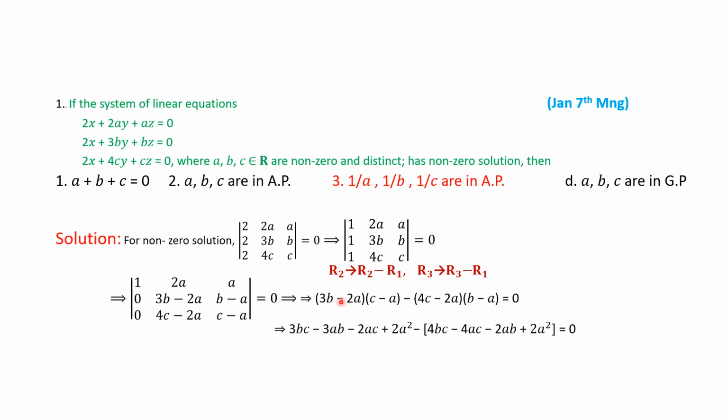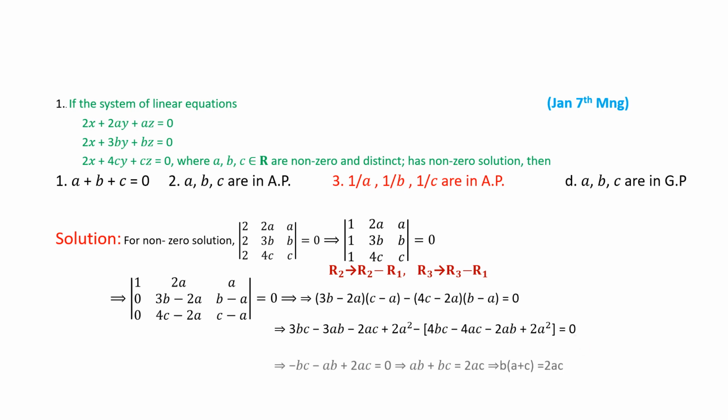Then the next step is expanding: multiply 3b with c and 3b with minus a, that is 3bc minus 3ab, and minus 2ac, minus into minus plus 2a square. In the next term, minus 4c into b, that is 4bc, 4c into minus a, minus 4ac, minus 2a into b, minus 2ab, minus into minus plus 2a square, equals 0.